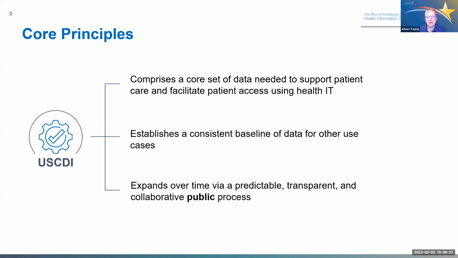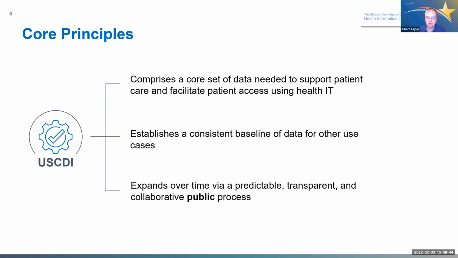And if that information exceeds what's in USCDI, we at least know what's the core. So what is the baseline, and then what's the delta? What's the additional information that needs to be provided to meet that particular use case?